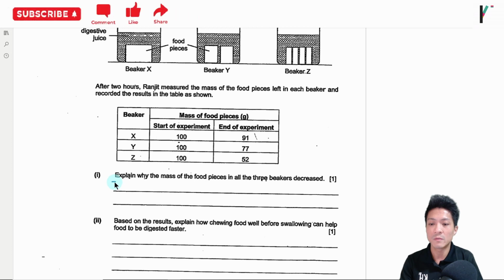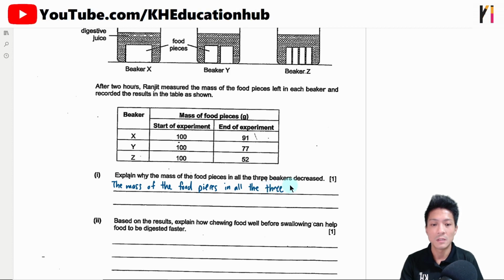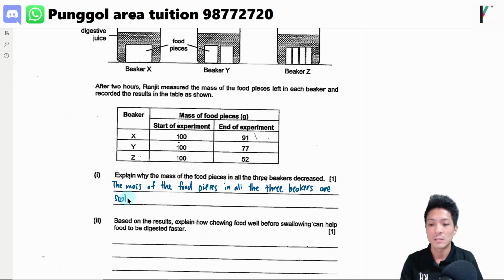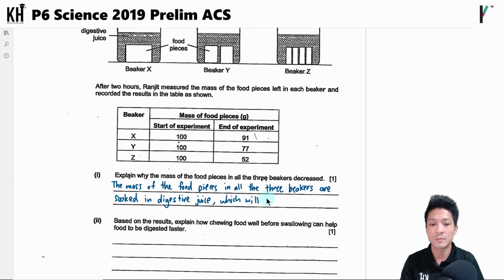Okay, so I'm gonna start writing the answer. The mass of the food pieces in all the 3 beakers are soaked in digestive juice, which will break down.